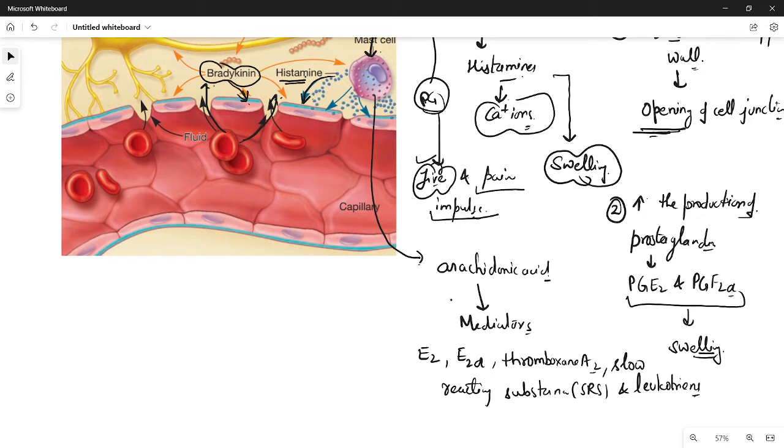And they all play a very important role in the inflammatory response.